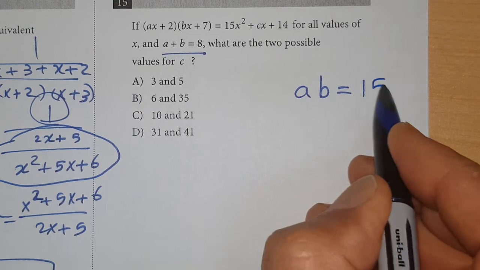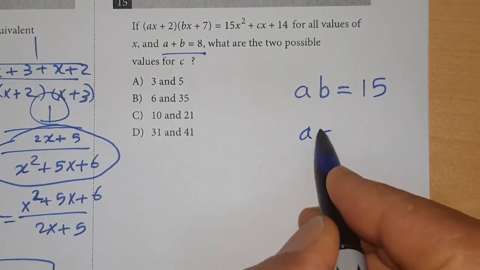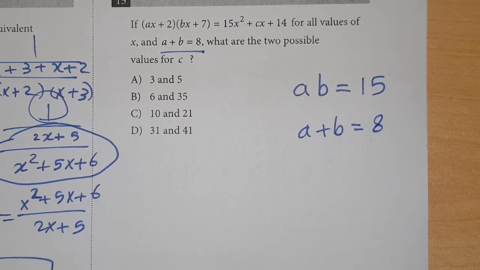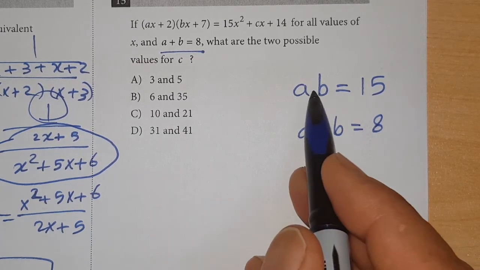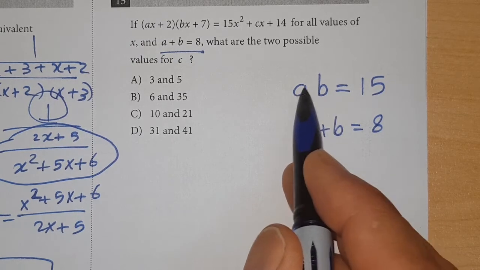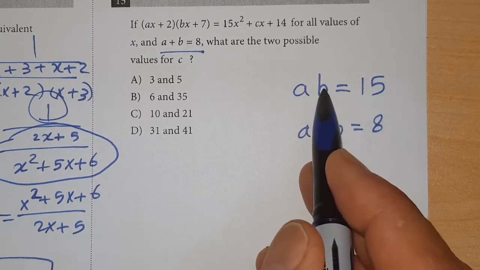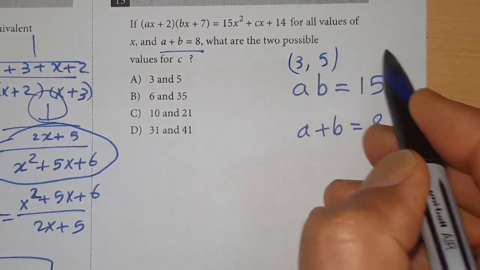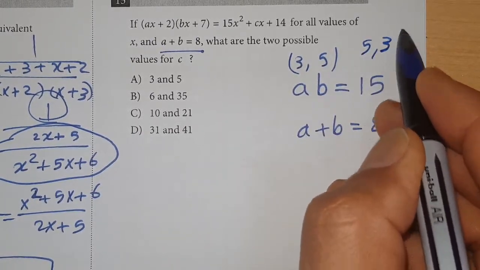So ab is 15, okay? And a plus b is equal to 8. So this equation, you can solve it. a times b is 15, maybe 3 and 4? Yes? 3 and 5, sorry. 3 times 5 is 15, or maybe 5 and 3. So a and b may be 3 and 5, or the opposite, 5 and 3.